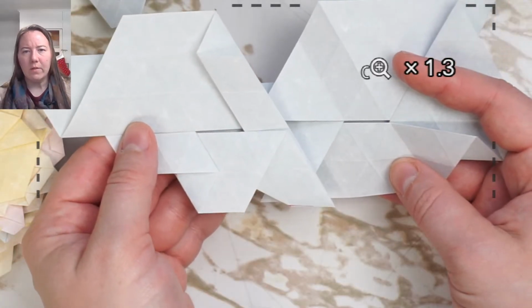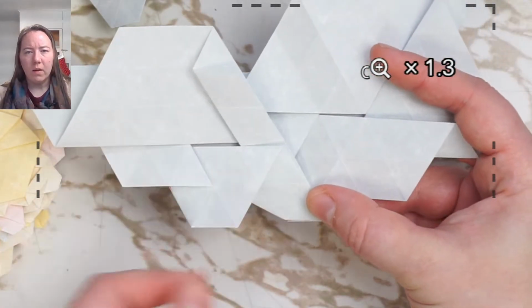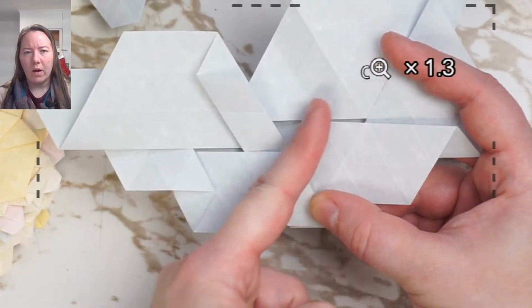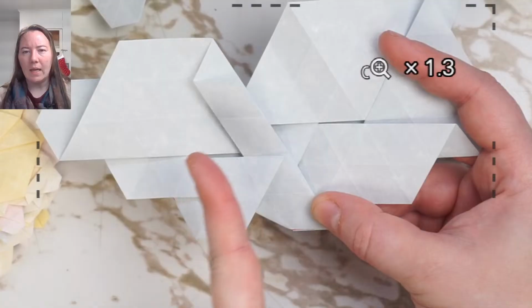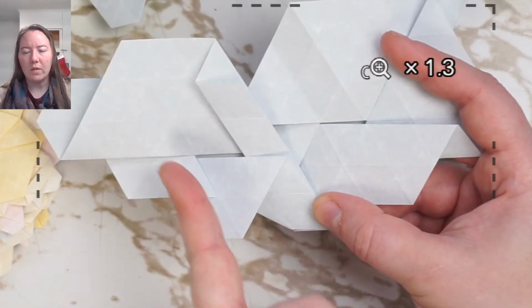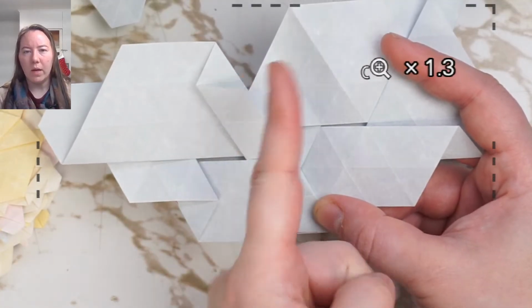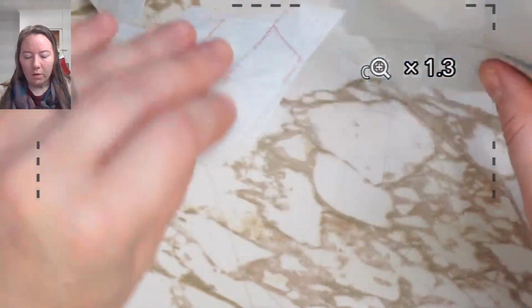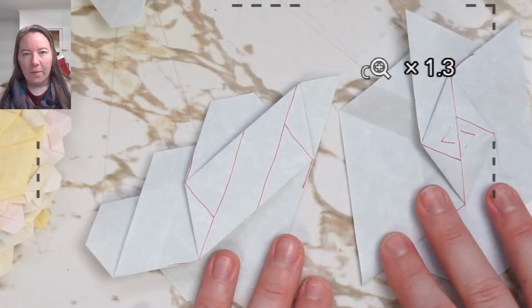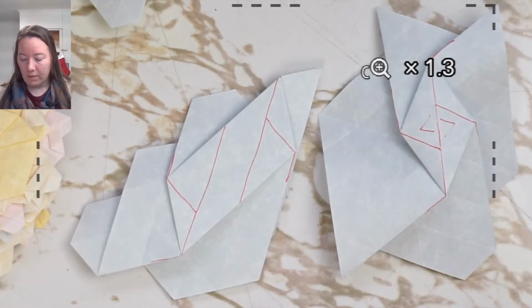The only difference is that these pleats that are going across the slit are going in different directions. So on here, they're going this way. On here, they're going this way. So that's our 2 of our rhombus twists.